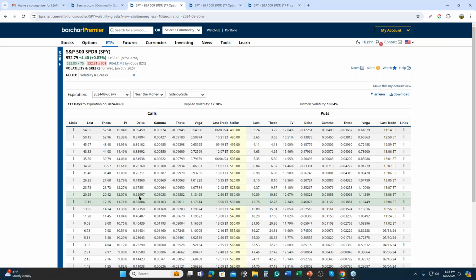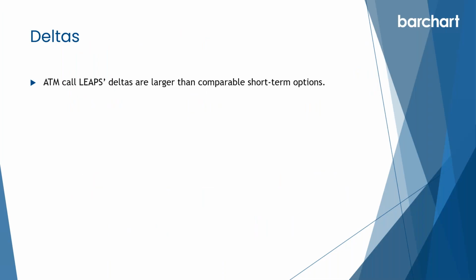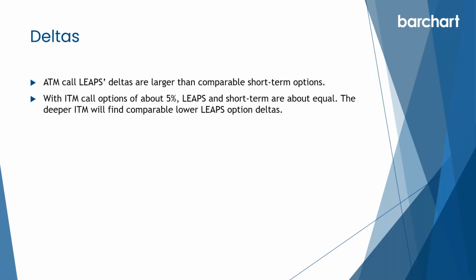Now, why is this kind of important? Well, first of all, in the money options, about 5% into the money, LEAPS and short-term options are about equal. But the deeper we get into the money, we'll find comparably lower LEAP deltas. Now, I'm not saying that the delta is going to go down the more you go in the money.